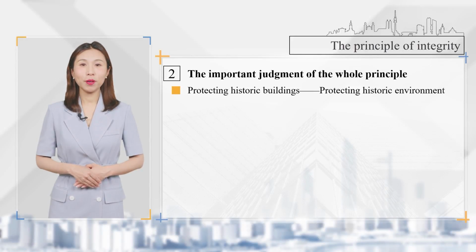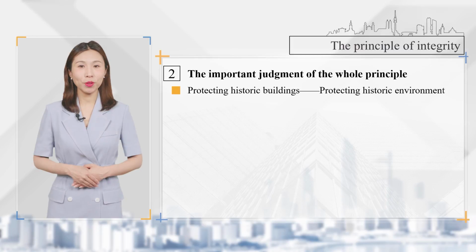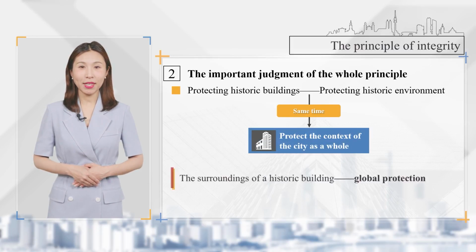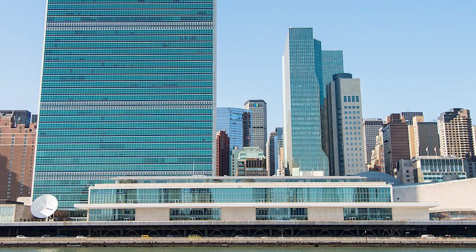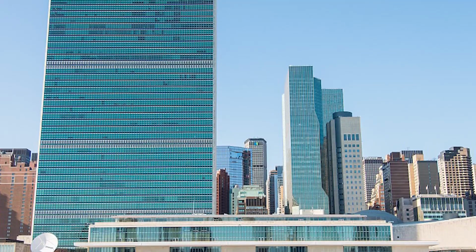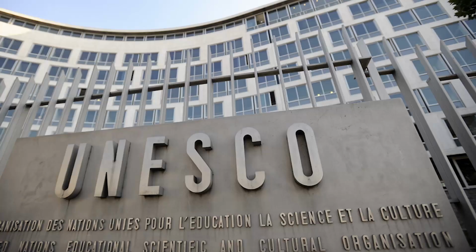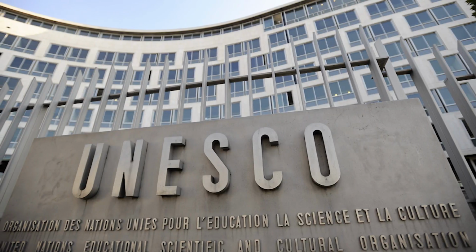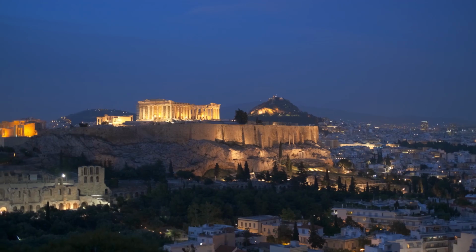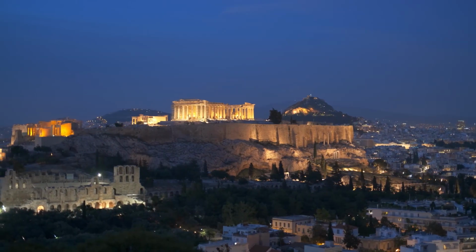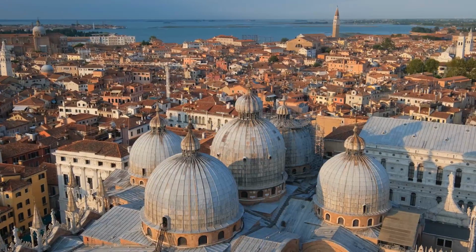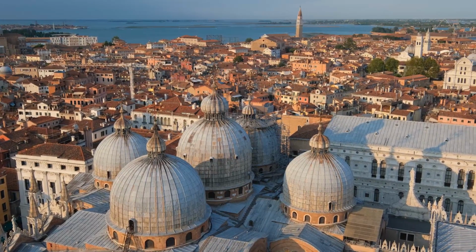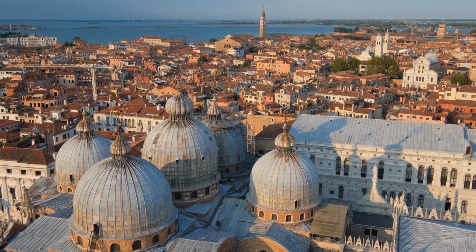Secondly, the principle of integrity also shows that the historical environment is protected while restoring historic buildings. Dr. Richard Engelhardt, advisor to UNESCO's Asia-Pacific Culture Ministry, said protecting historic buildings is not just protecting a brick or a wall, but most importantly, protecting its essence and culture.